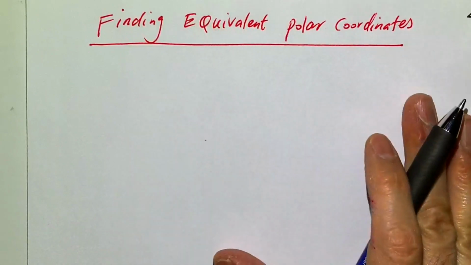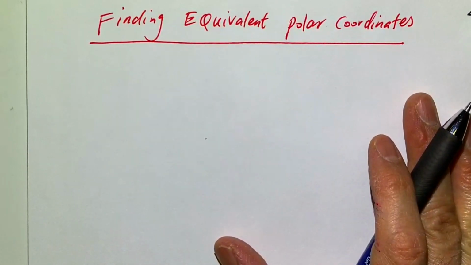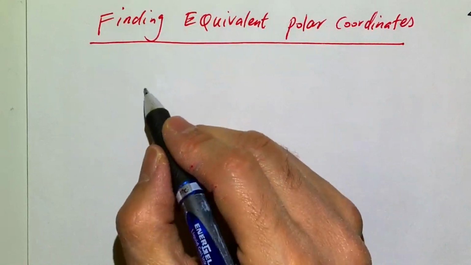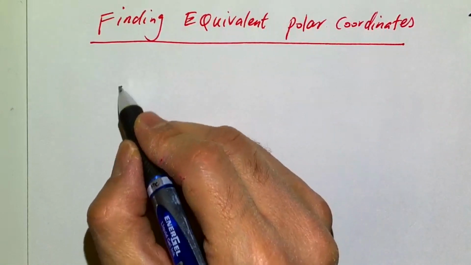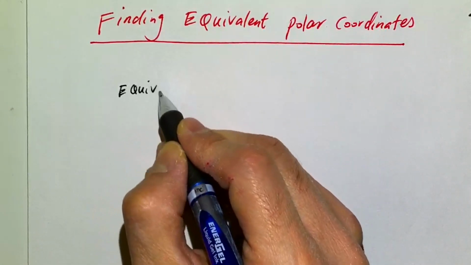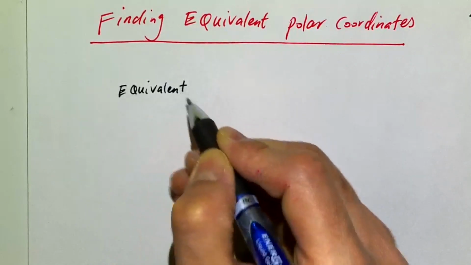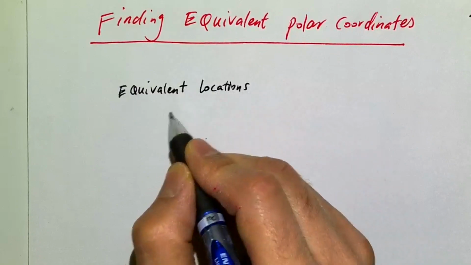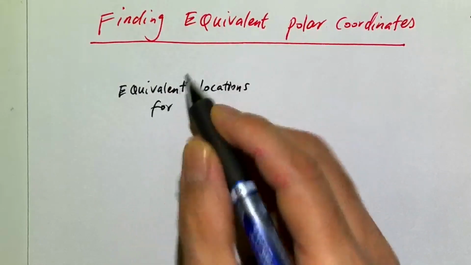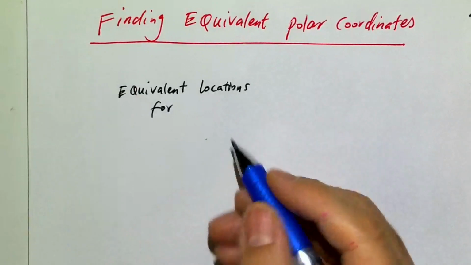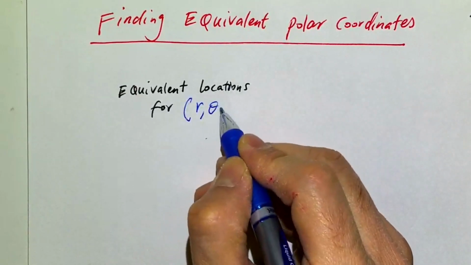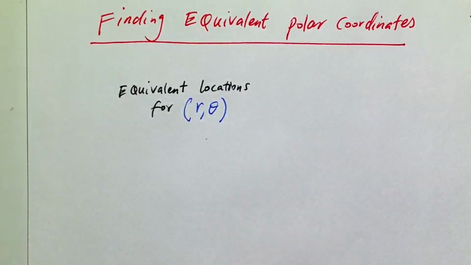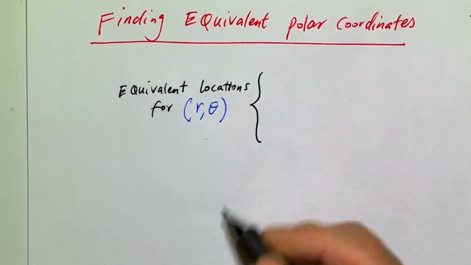This is how we find equivalent polar coordinates. Let's call it the equivalent location for some point (r, θ).